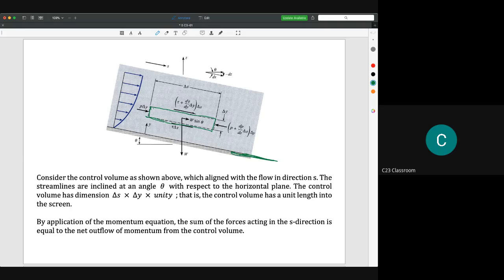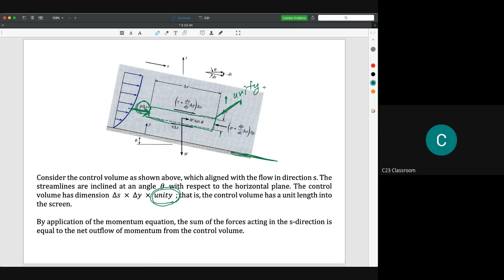For sure, when we have fluid flow, we have velocity, we will have pressure. So we assume that we have a pressure at this point, P delta Y, because we assume that the width here is unity, meaning the width here is equal to 1 unit.